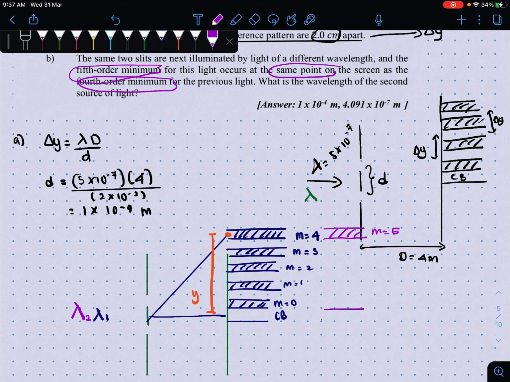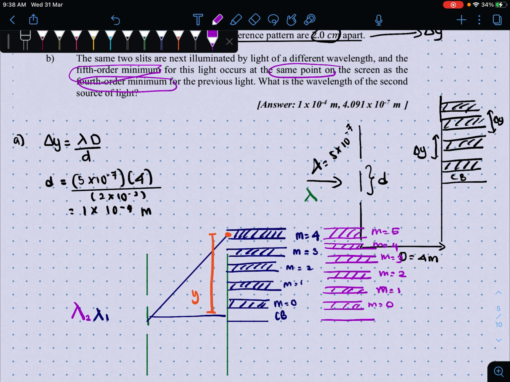So what happened here is all your fringes here become much closer to each other. M is equals to 0, m is equals to 1, bright, dark, m is equals to 2, bright, dark, m is equals to 3, bright, dark, m is equals to 4, and then m is equals to 5.